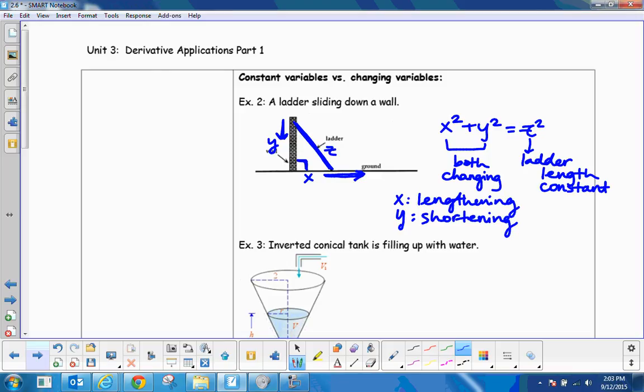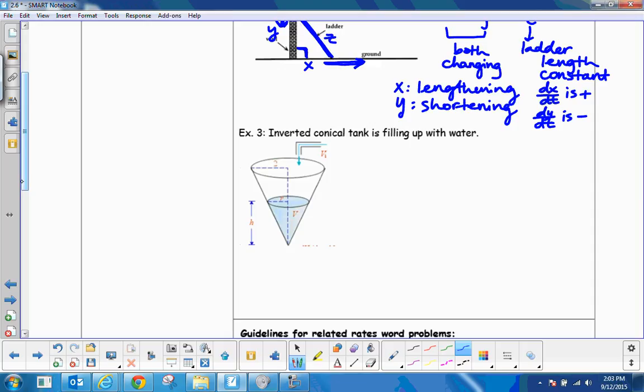So in terms of derivatives, we will look at dx dt, the rate of change of x with respect to time. Dx dt would be positive because x is getting bigger and bigger. But dy dt, the rate of change of y with respect to time, is going to be negative because y is getting shorter and shorter.